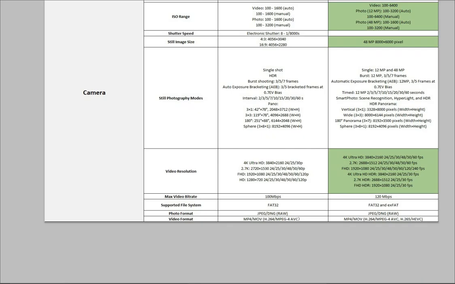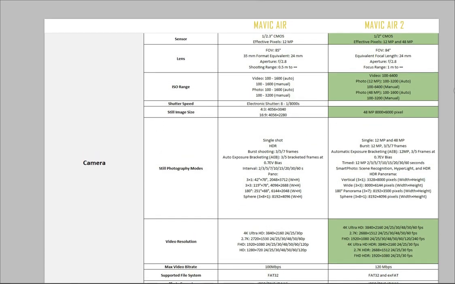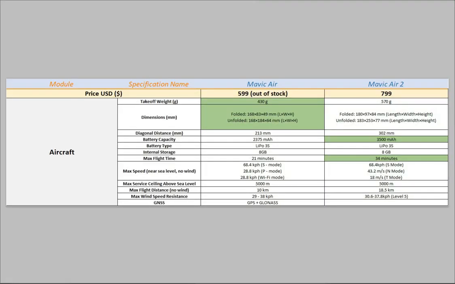Then internal memory, as I spoke about it, 8 GB is not enough. DJI should go higher than that. They should go maybe 16 or 32 GB, because sometimes it is very necessary to have this much space available.